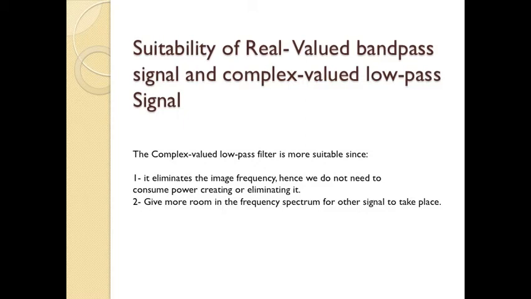On the other hand, in the complex valued low-pass signal, there is no image frequency. Instead, it uses the frequency shifting property in order to eliminate the need for the image frequency in the first place.